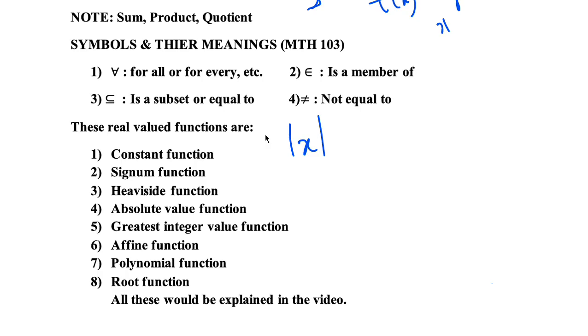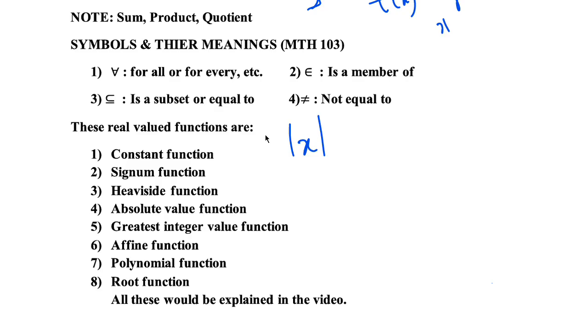What information do we need to know about this function? The important thing to know here is that whatever you are inputting into that function, the output must be a positive number. It must be positive in nature, right?